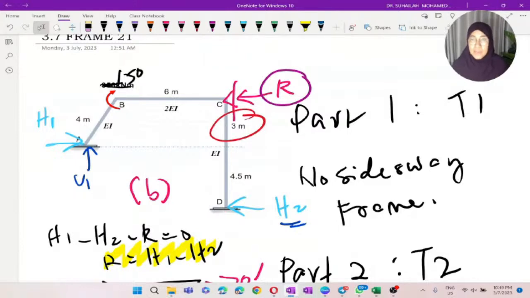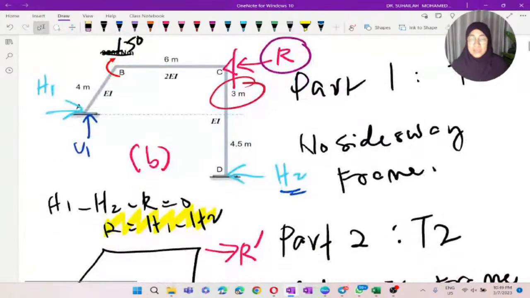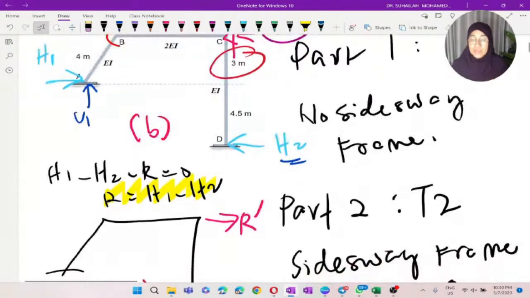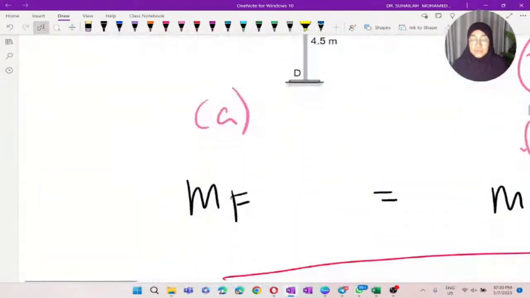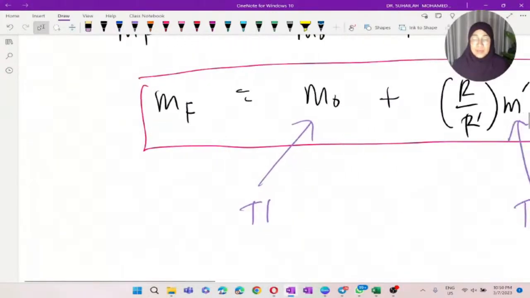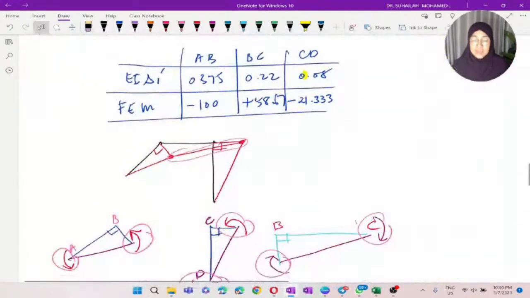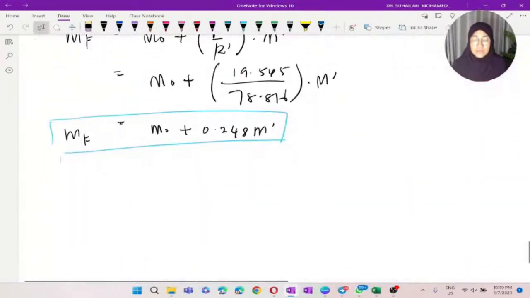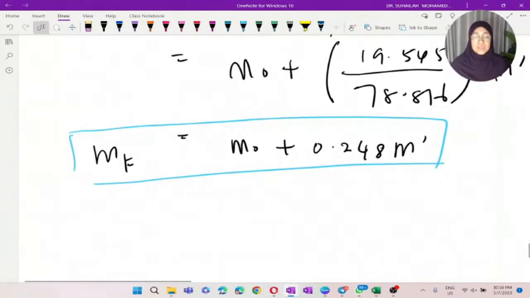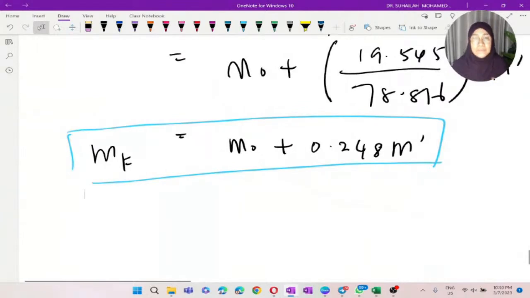We assume FEM, find the FEM for BC and CD, and put into the table. We find M prime, and finally we calculate R and R prime to have the correction factor and the final equation, from which we can get the final end moment. Final moment M final is equal to M naught from table 1 plus 0.248, the correction factor, times M prime, and M prime is the end moment from table number 2.